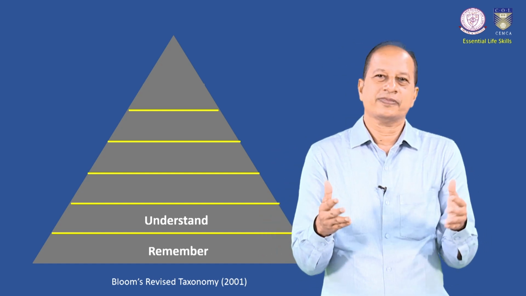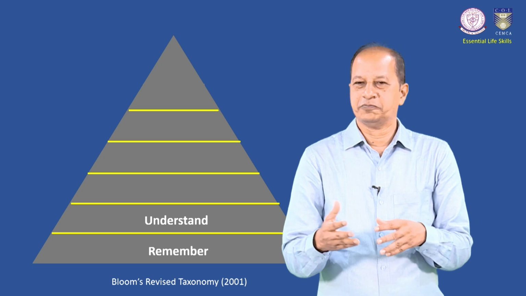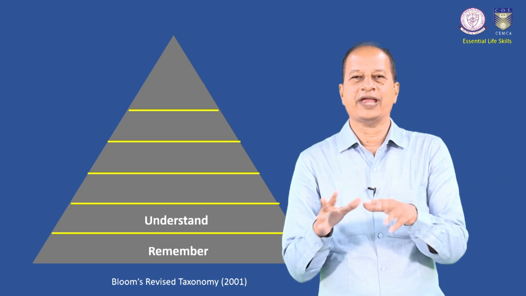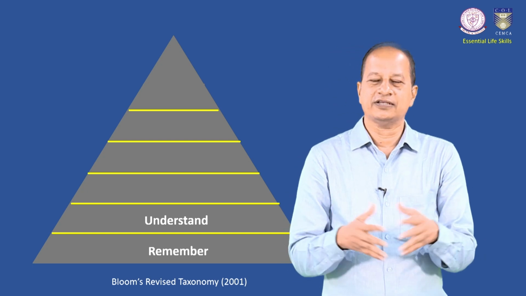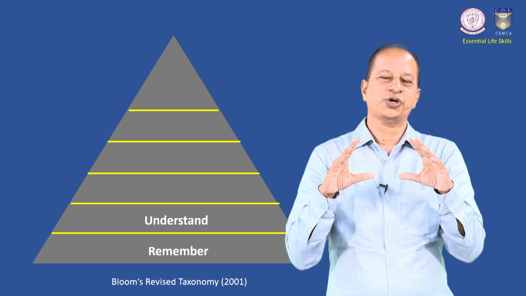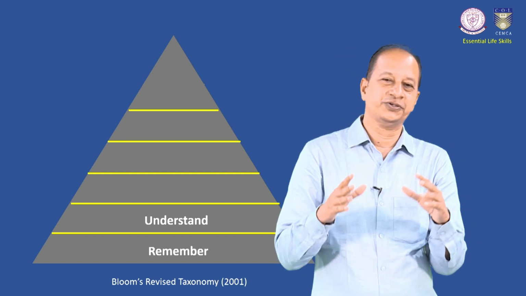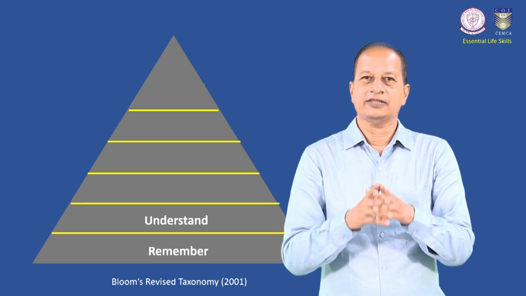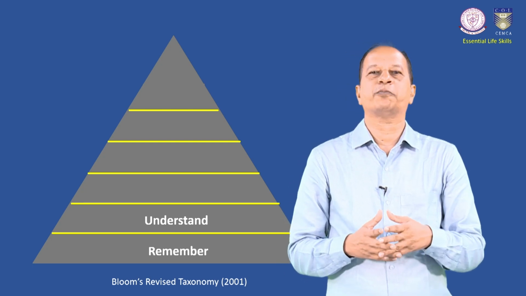So it can be describing, discussing, explaining, identifying, locating, recognizing, or even translating. So it's very important that we find ourselves in a position to explain ideas or concepts. The next level is apply.